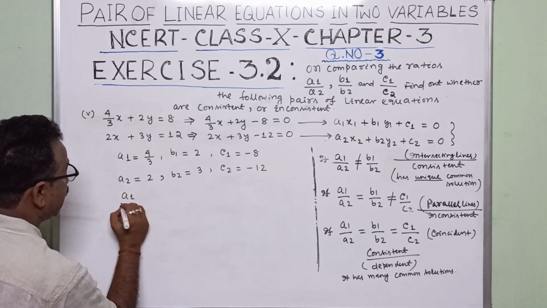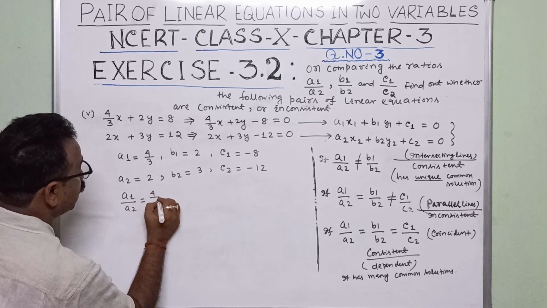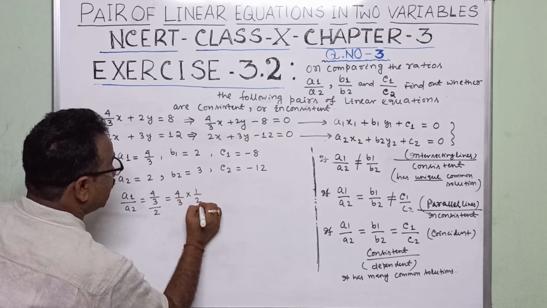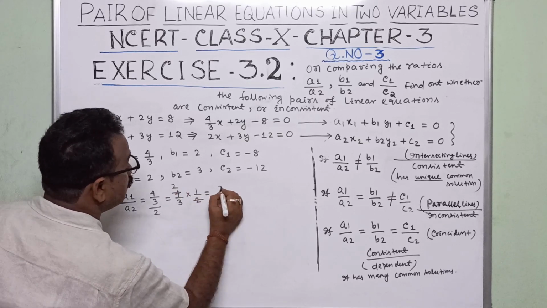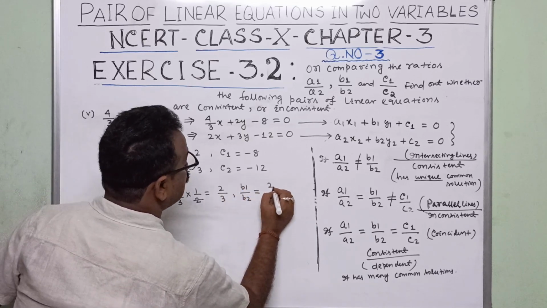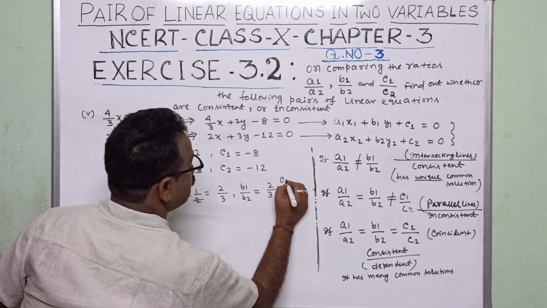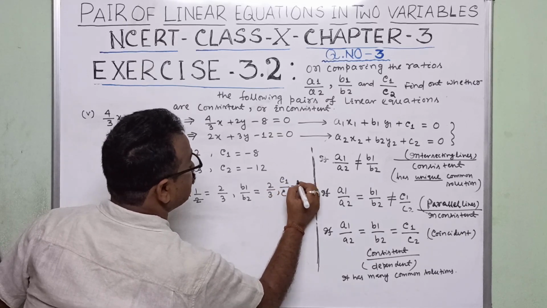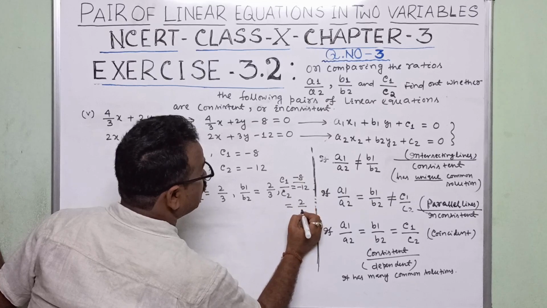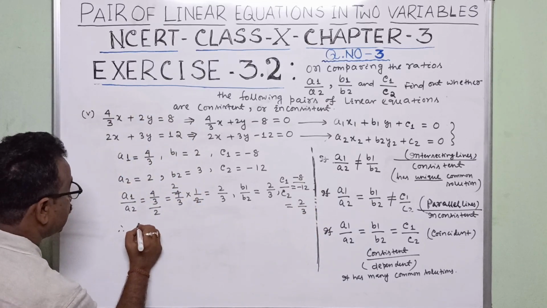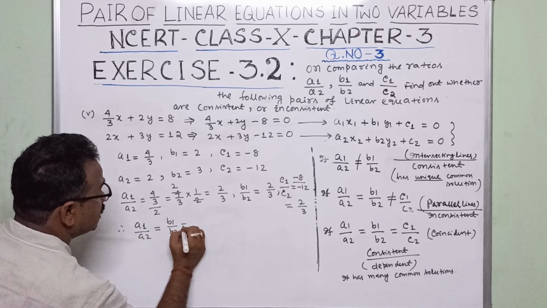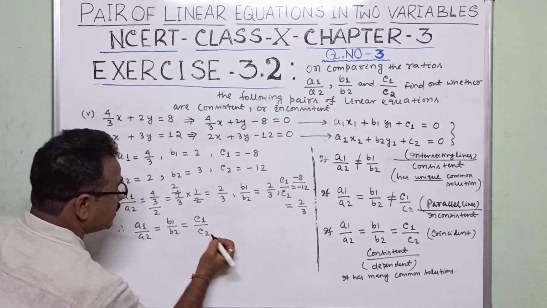Now find out. A1 by A2 is equal to 4 by 3 by 2, which is 4 by 3 into 1 by 2, which is 2 by 3. B1 by B2 is equal to 2 by 3. Now C1 by C2 is equal to minus 8 by minus 12, which is 2 by 3. Therefore, A1 by A2 is equal to B1 by B2 is equal to C1 by C2.